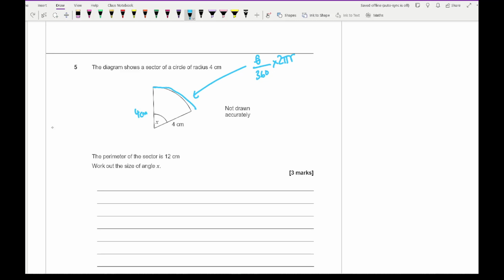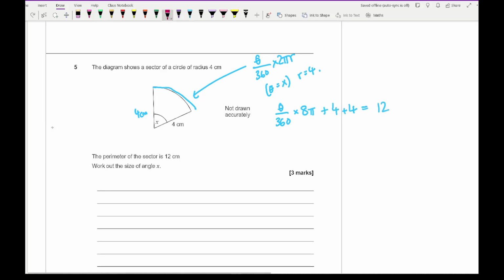So if we know that theta is x and we know that r is 4, substituting those values into this formula, I get theta over 360 times 8 pi, plus 4 plus 4, equals 12.